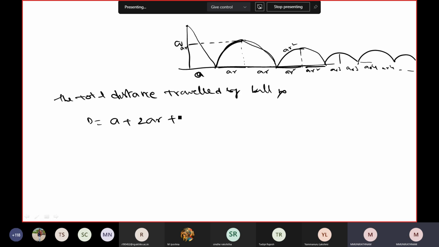Similarly here, AR square plus AR square, 2AR square. Similarly, we have 2AR cube, and so on.